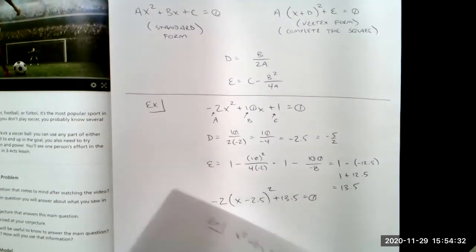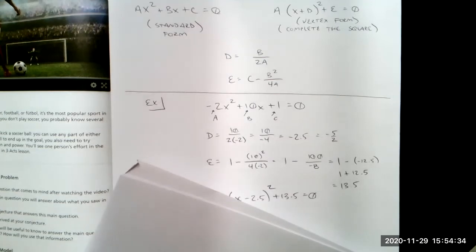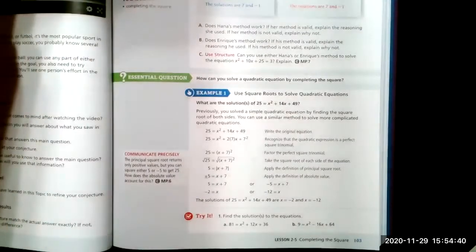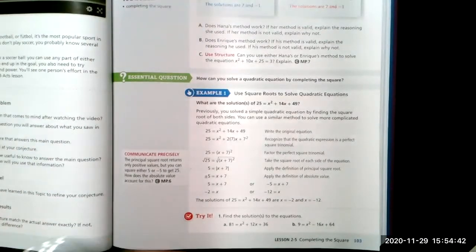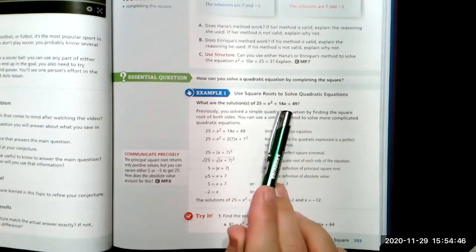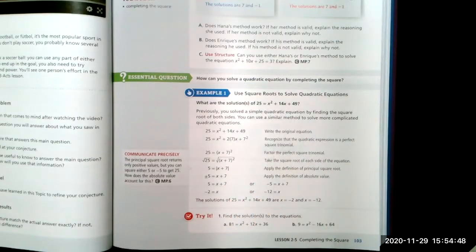All right, let's start going through and looking at this stuff. So for example 1, what are the solutions of 25 equals x squared plus 14x plus 49? I'm just going to try something real quick.